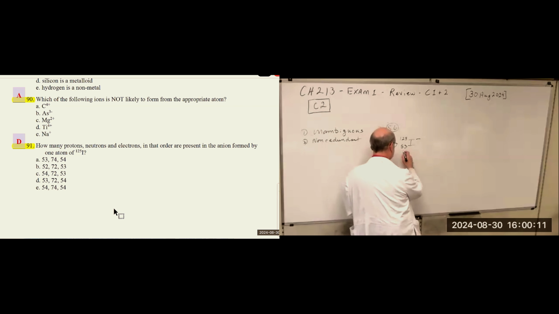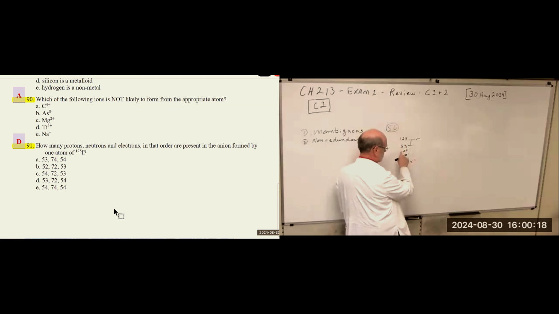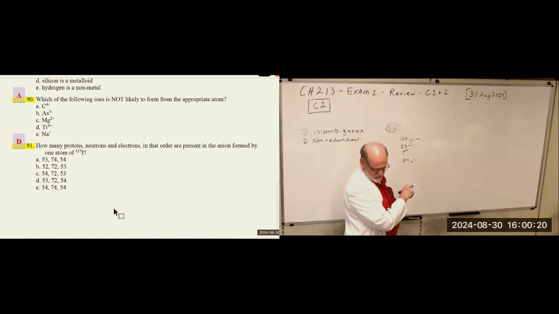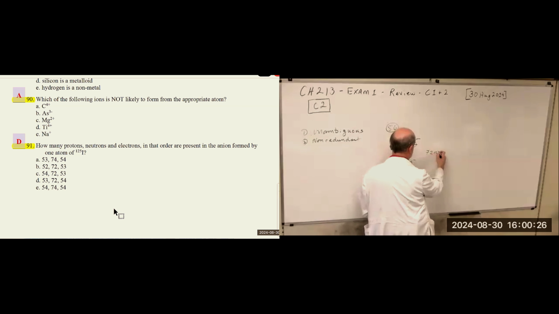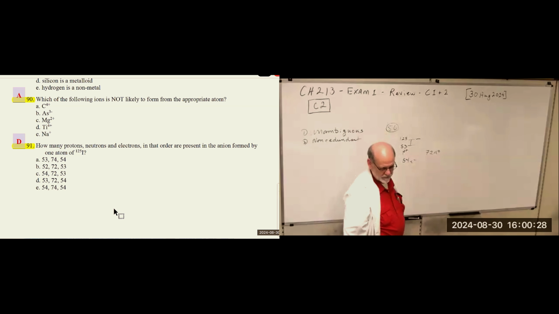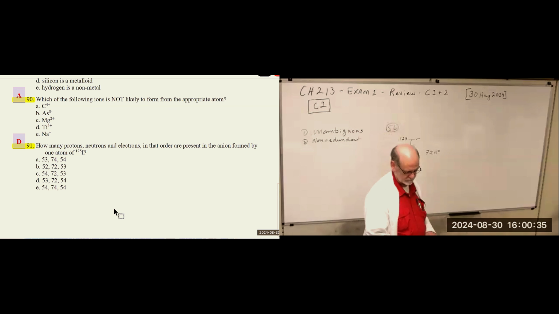That means 53 protons, 54 electrons. Neutrons, did it ask neutrons? Yeah, neutrons. Neutrons would be 72. So protons, neutrons, electrons: 53, 72, 54. Yeah, D.